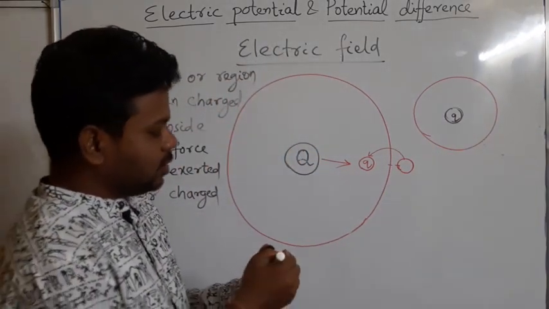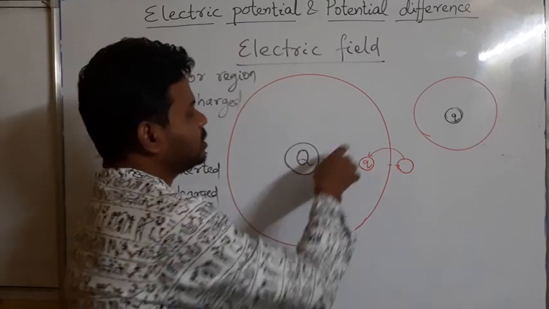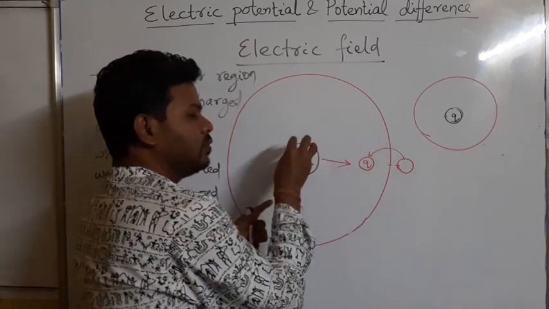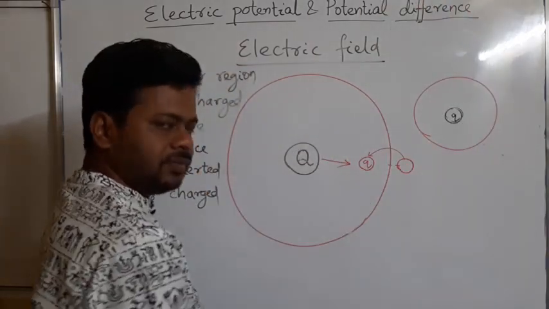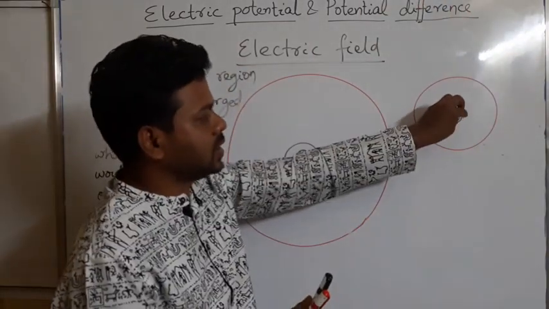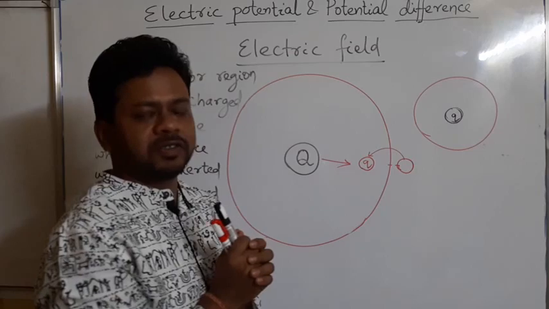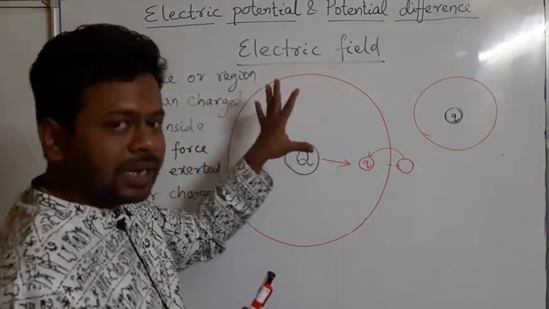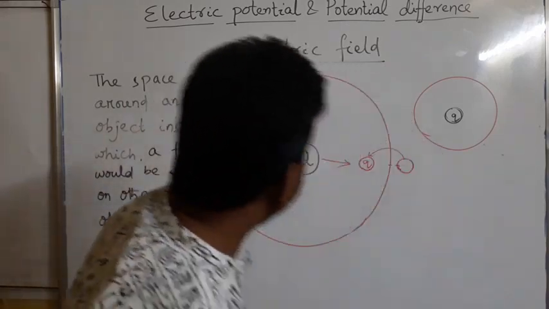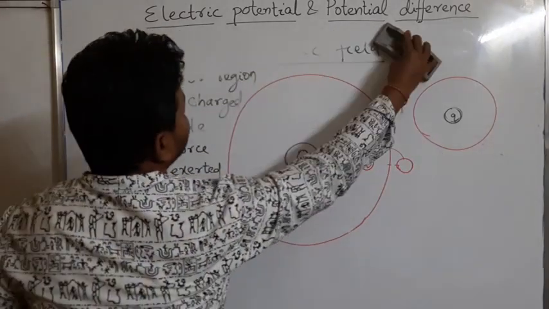So the extent of electric field depends on the amount of charge. A large amount of charge has a larger electric field, a small amount of charge has a smaller electric field. Okay, this is the concept of electric field. Then we will read about electric potential.